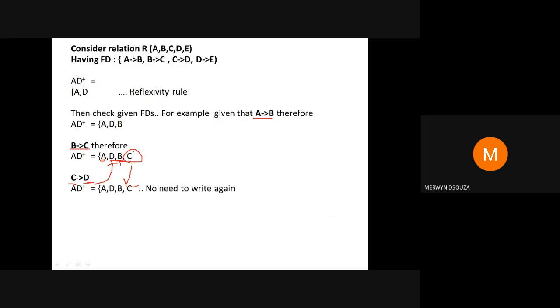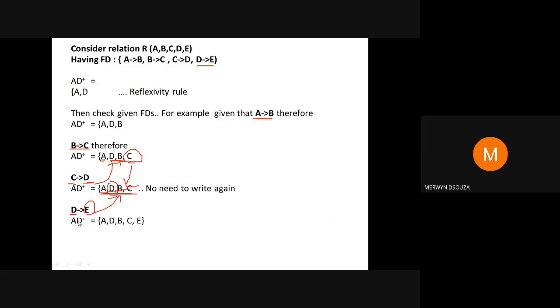Take the next functional dependency, D determines C. Is the left hand side of that functional dependency present in the closure? Yes, it is present here. Therefore, the right hand side of this functional dependency can be included in the closure. So the closure will become A, D, B, C, E. Are there any more functional dependencies?